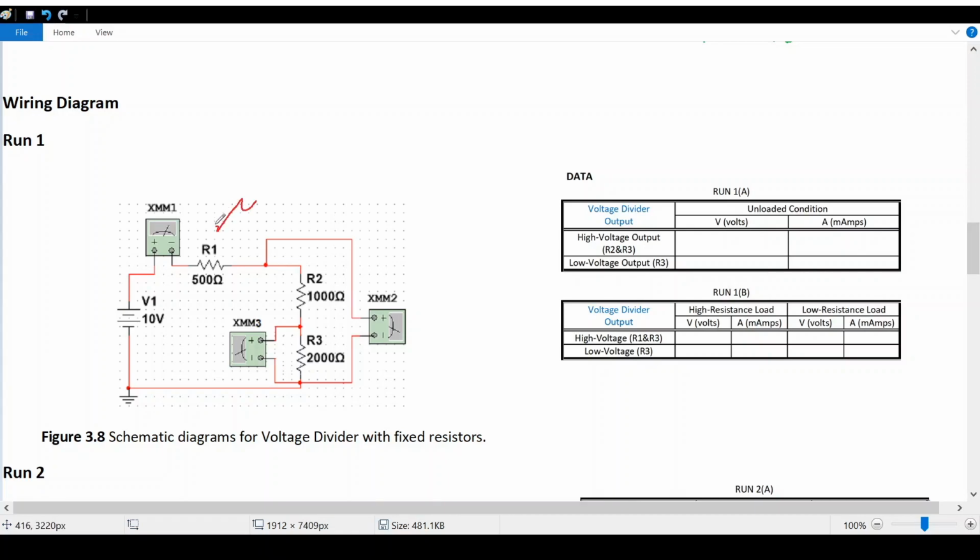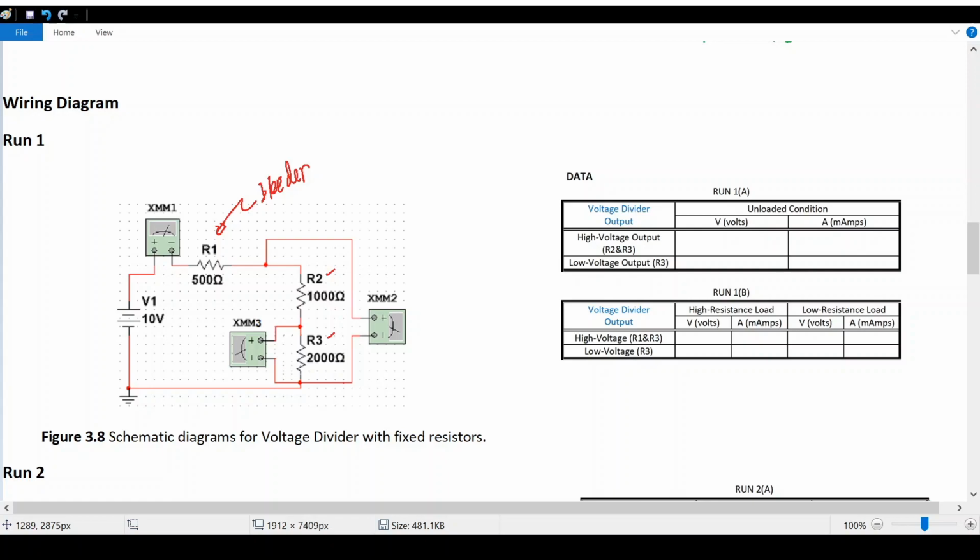The R1 is what we call the bleeder, and R2 and R3 are our resistances for output terminals.